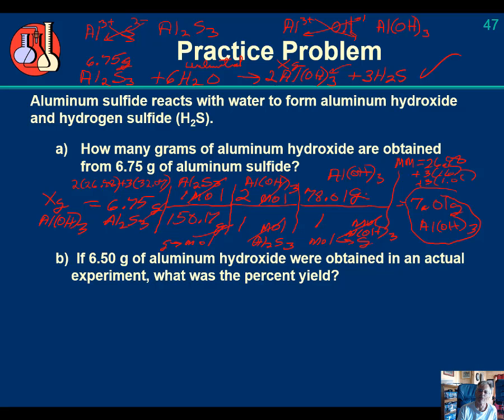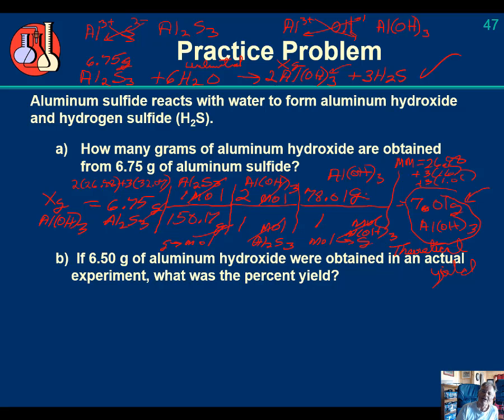with the water. And so this yield that I get, what I've calculated here is what we call the theoretical yield. So it's theoretical in the sense that if all 6.75 grams of the aluminum sulfide completely reacted, theoretically, this is what I would get for aluminum hydroxide.